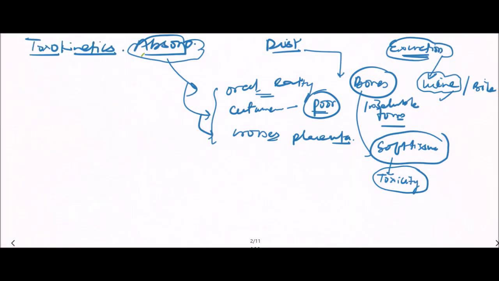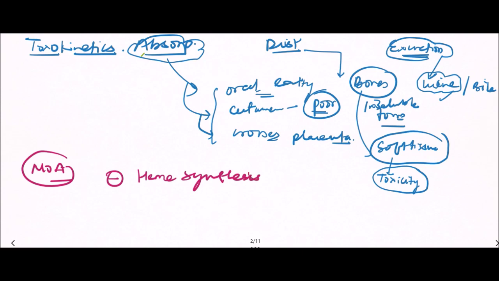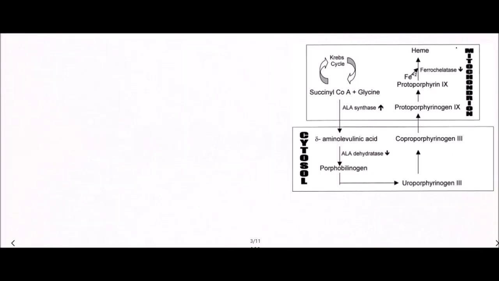Now the mechanism of action. The primary mechanism is the inhibition of various enzymes of heme synthesis. This cycle shows the synthesis of heme. We have succinyl CoA and glycine, and this is the enzyme ALA synthase, which forms delta aminolevulinic acid.